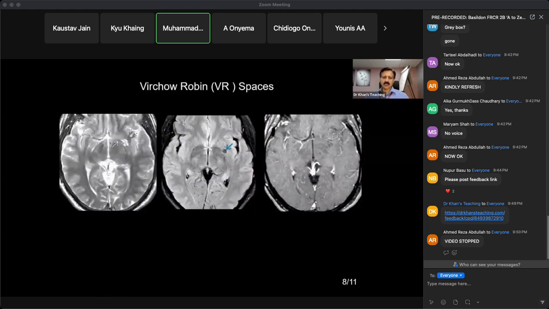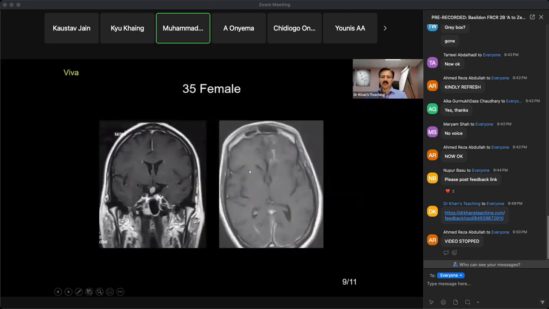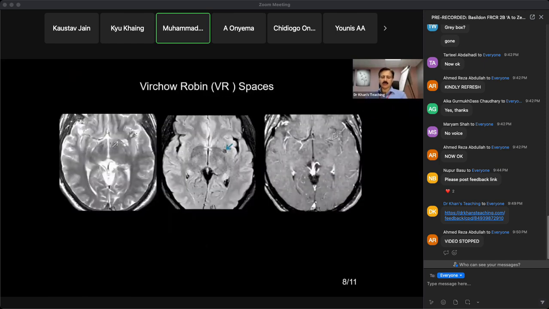Sometimes when you give contrast, not in each and every case, you can see actually a vessel going in the middle of this cystic space. So this is another evidence that this is a Virchow-Robin space. Now, why are Virchow-Robin spaces important for us? Because some of the inflammation or infections go into the parenchyma through them.